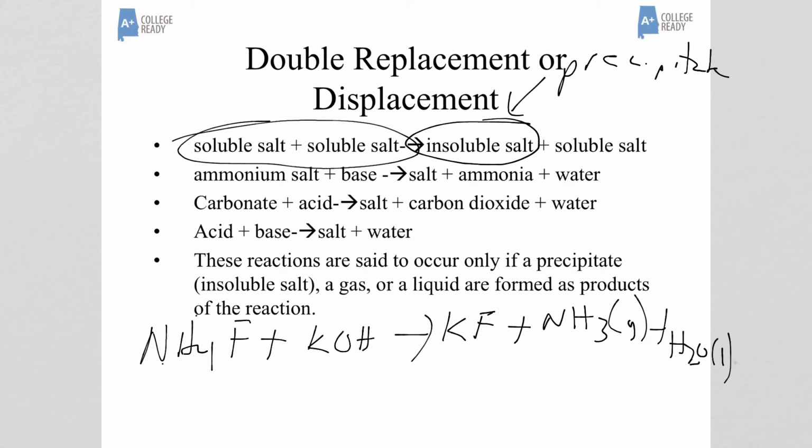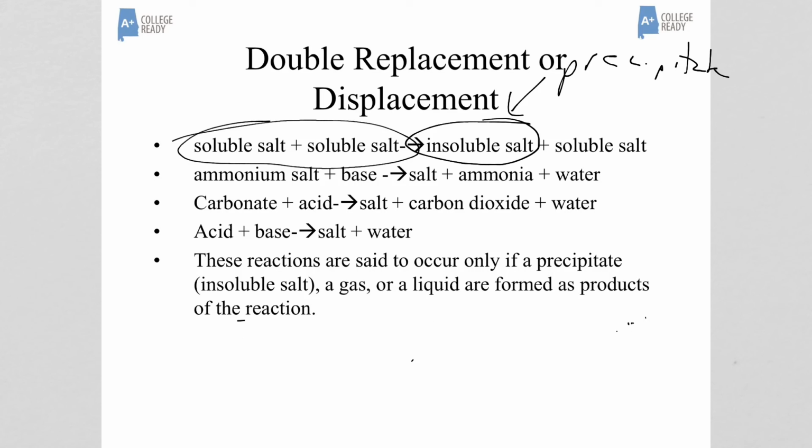All right. So a similar kind of reaction happens when you react a carbonate with an acid. For example, let's say we had potassium carbonate, and let's say we're reacting that with HCl.